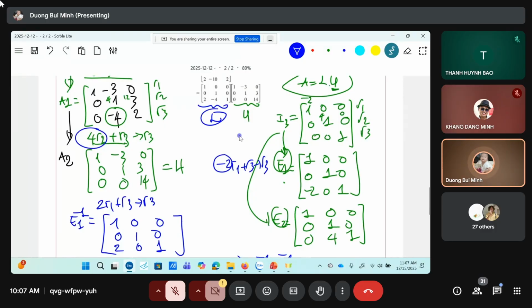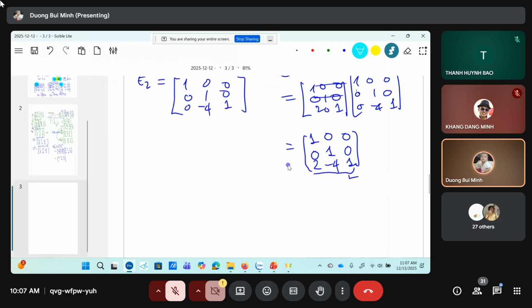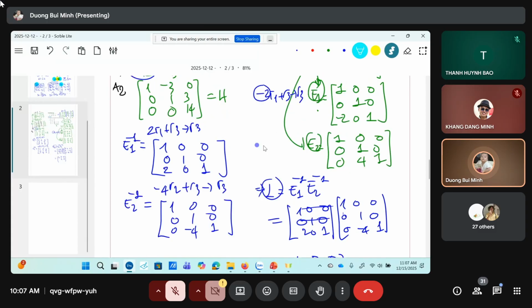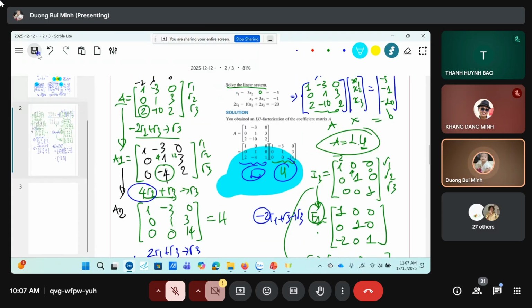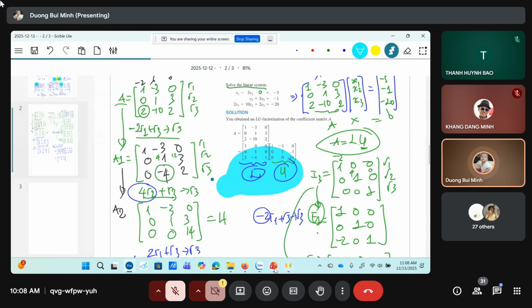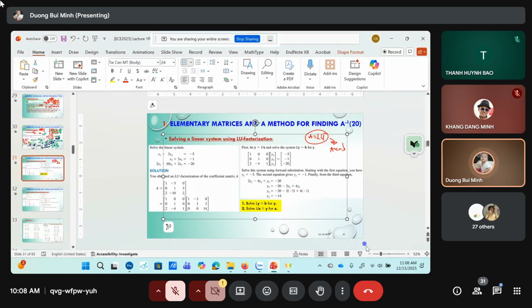Okay, so now we already get L and U. Now I demonstrate to you, we get the factorization of A. Now we come back here.